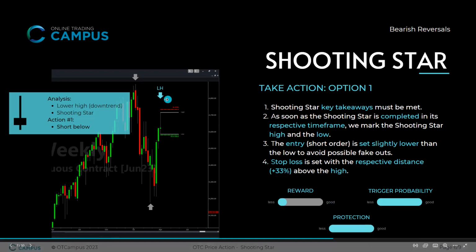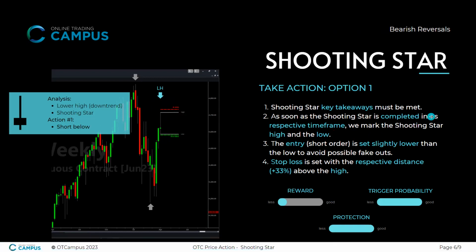Your stop loss is above your high. Good, that's option number one, one of my favorites, because it's so easy to trade, and you have a great trigger probability and the best of the best protection. Means, yeah, I will not lose money.